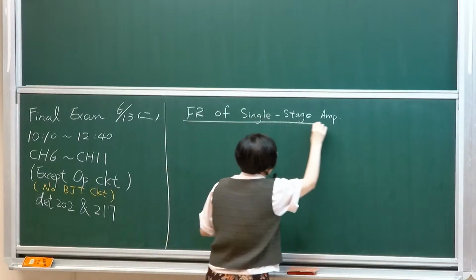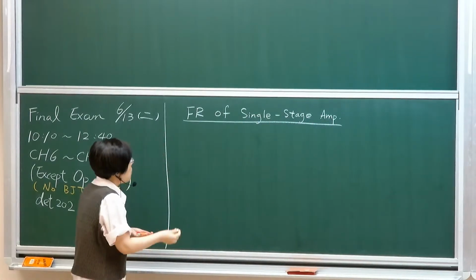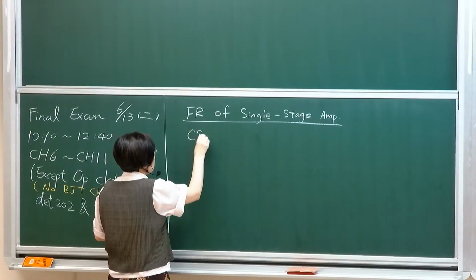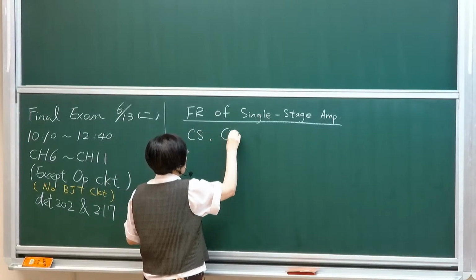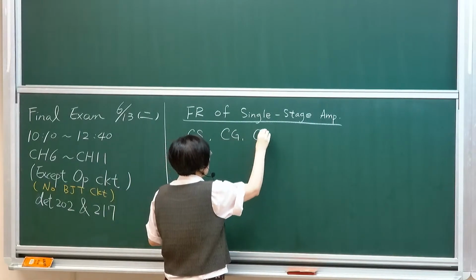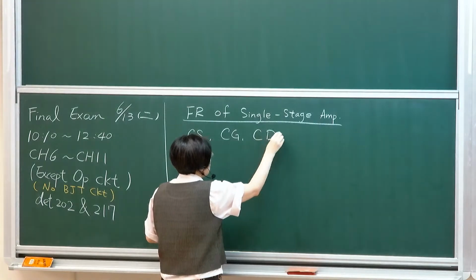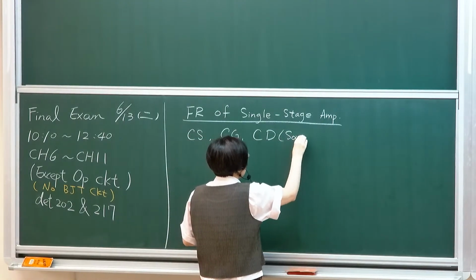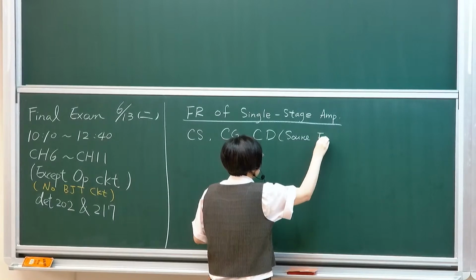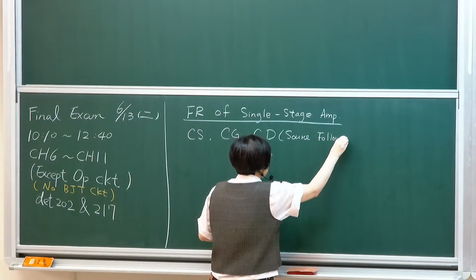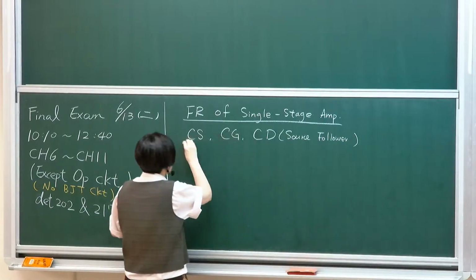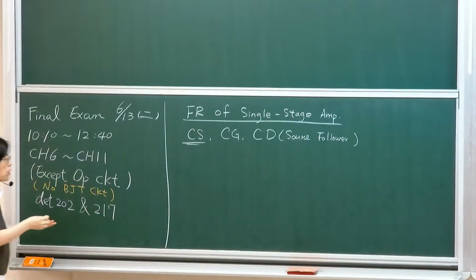There are, of course, three types: common source, common gate, and common drain, which is the source follower. I'm going to quickly review the one that we have already discussed, the common source configuration.